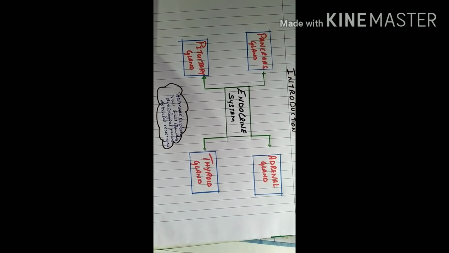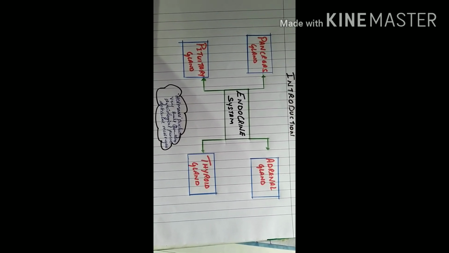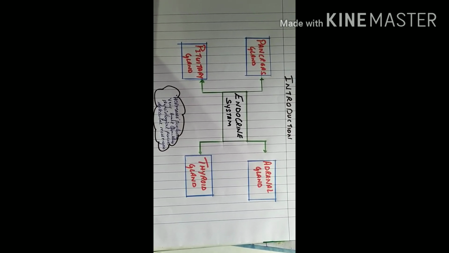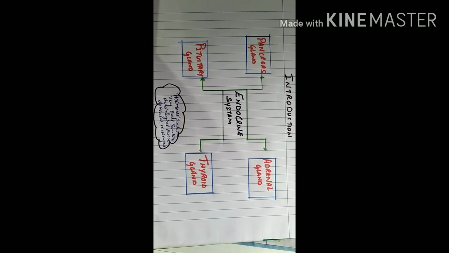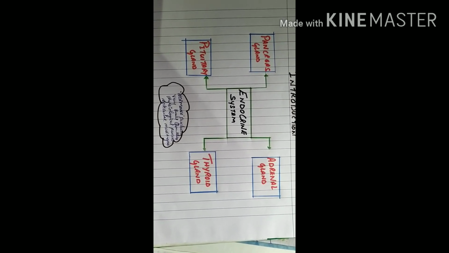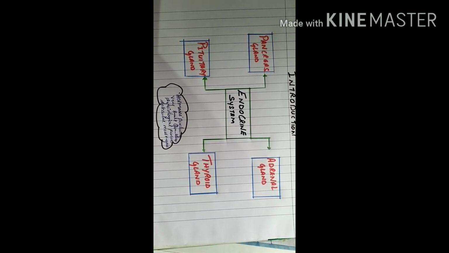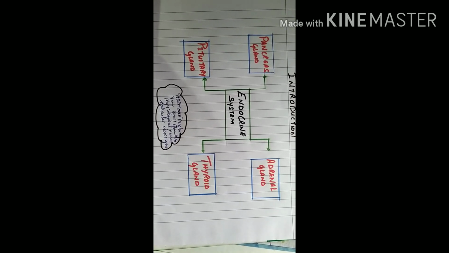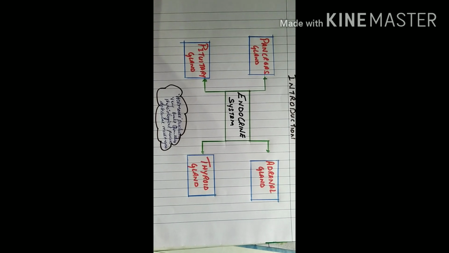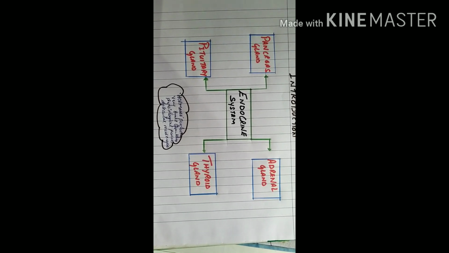These hormones are chemical substances secreted by these glands, which are directly poured into the blood and act on the targeted cell or organ. Hence they are also called molecular messengers, because they transfer chemical messages to other parts of the body.